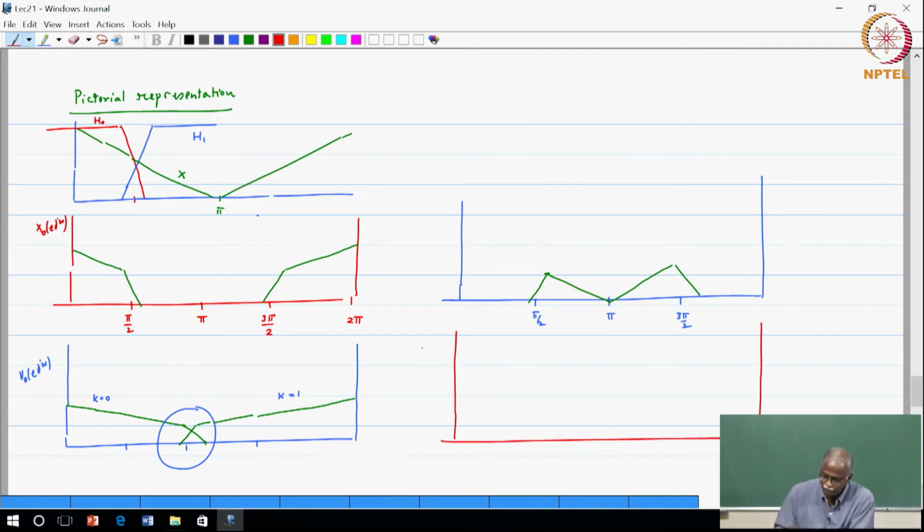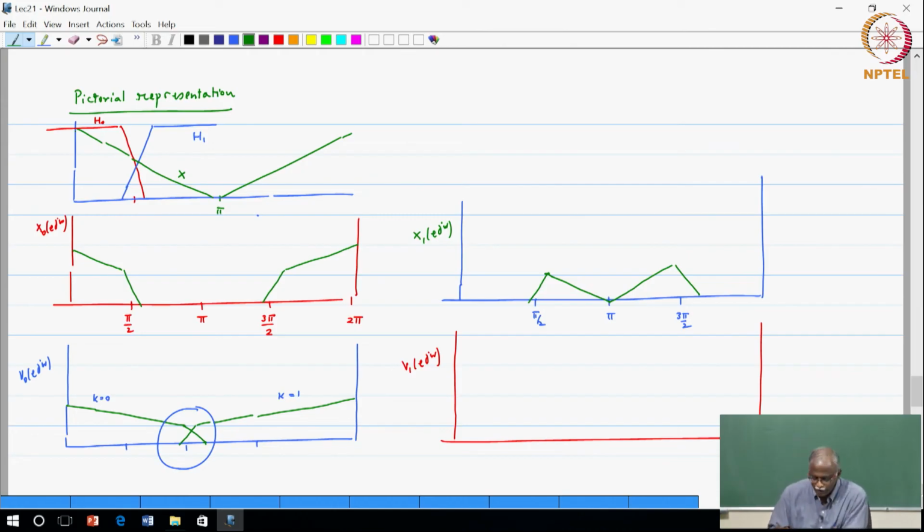So, this is V1 e of j omega, this is x1 e of j omega. If I downsample it, again I get a scaling factor of half, and there is a stretching, and of course there is a shifted version also. It is very important that we are able to draw it correctly and then draw the scaled version as well.